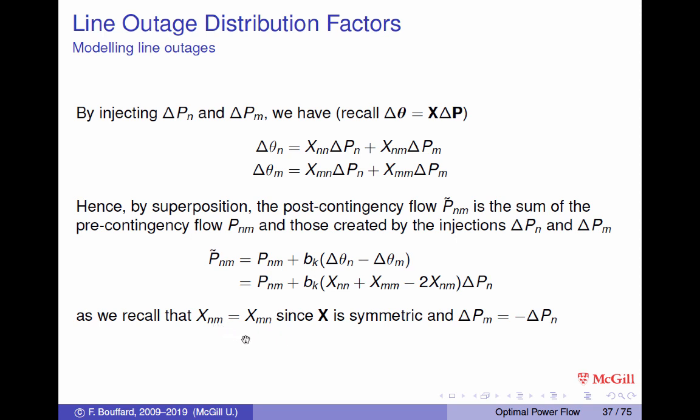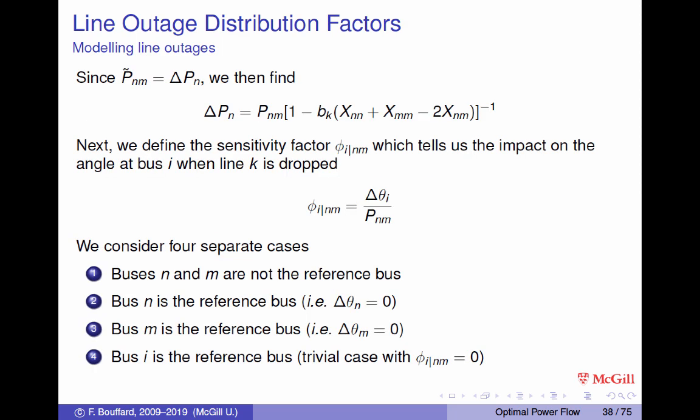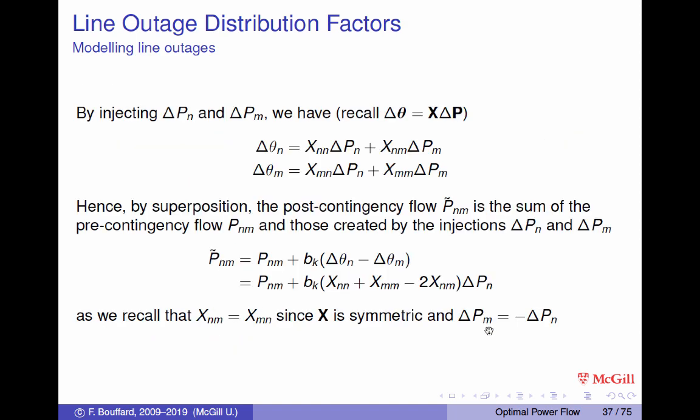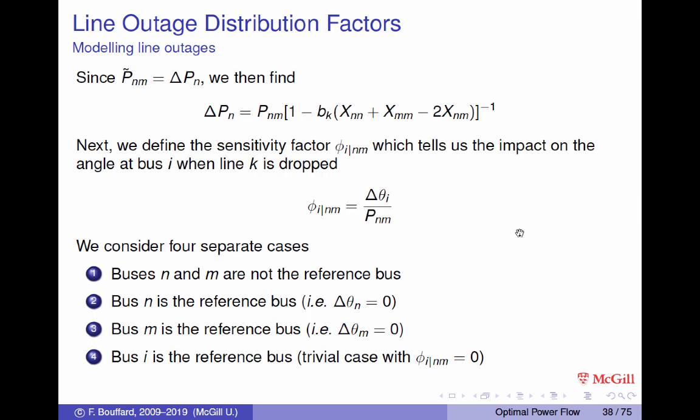And we're going to use the fact that X is a symmetric matrix because, again, the B prime matrix was already symmetric itself. And also the fact that the power injections are equal and opposite. So delta PN and delta PM are equal and opposite, and also, as if this network is isolated from the rest of the world, PNM tilde has to be equal to delta PN. That's the key thing here.